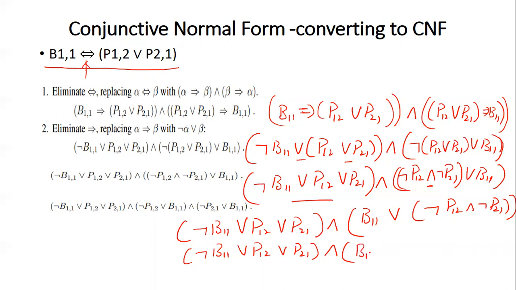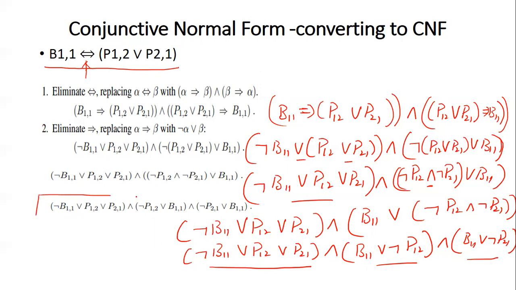So B11 or not P12, and in between we have and B11 or not P21. Now you see, now it is in conjunctive normal form. Here everything is or, here everything is or, here everything is or, and they are connected using and. Right? So that is what you got here.